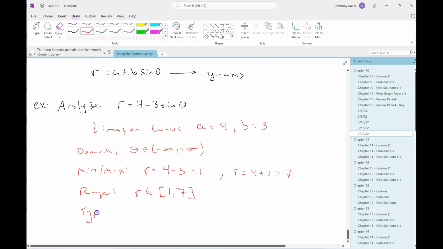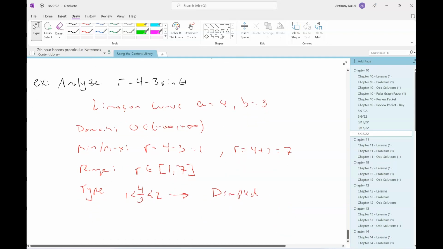The type here, since 4 over 3 is between 1 and 2, we are dimpled. And since we have the sine version, we know that our symmetry is y-axis symmetry.